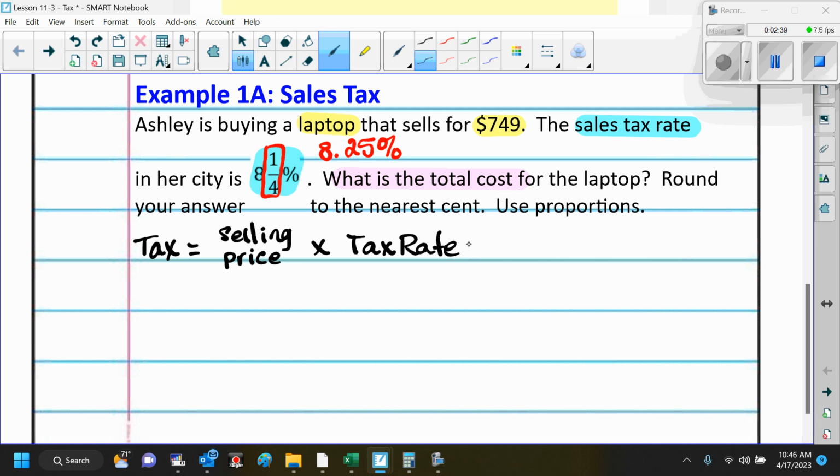Now, before we put that tax rate percentage into the equation, what do I have to do to the percent? Yes, we need to change it to a decimal. Okay, so here's some reminders for you. Change to a decimal.